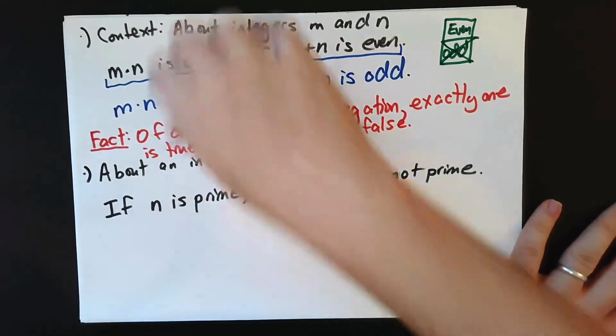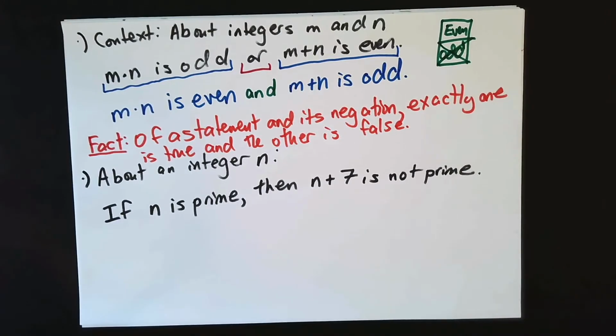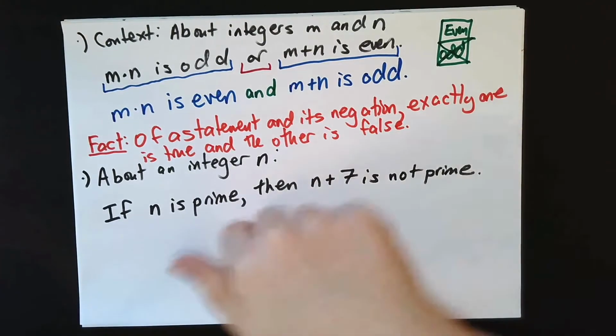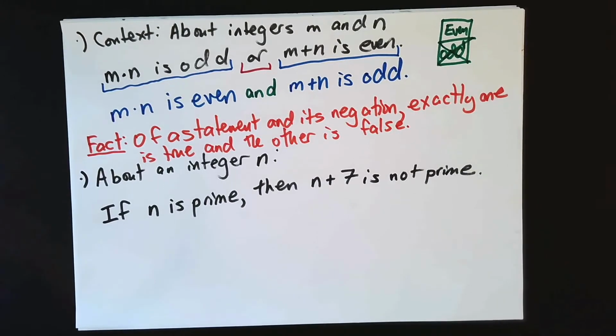And I want to point out that there are a lot of different things we do with if-then statements. One, which we did in the last video, and which I'll do a couple examples of in a minute, is to write down the contrapositive. And so you might reflexively think, oh, this is an if-then statement, I'm just supposed to write down the contrapositive. But in fact, the contrapositive is logically equivalent to the original statement, and so that is basically as far away as you can possibly get from negating the implication, which is what we're asked to do here.